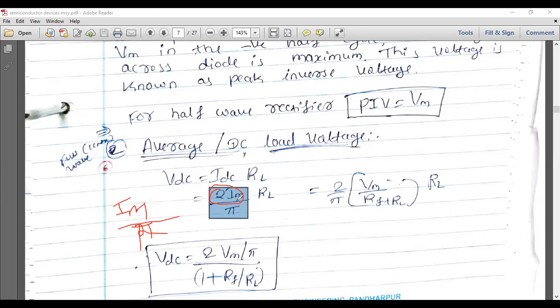Previously in the half wave rectifier only one cycle came, but now we get both this one and this one. So 2 IM divided by pi. The derivation is different, but just for remembering, 2 IM divided by pi into RL, and pi stays as it is. IM equals VM divided by RF plus RL. So we get the same equation, only with a multiplication of 2. For the half wave, it is for 2 half waves, so it is 2 times. Nothing more is used here.